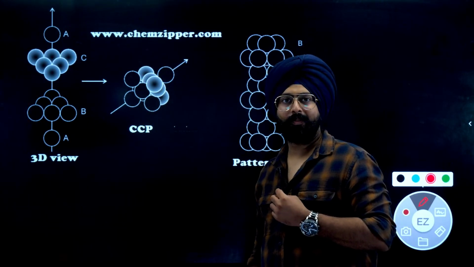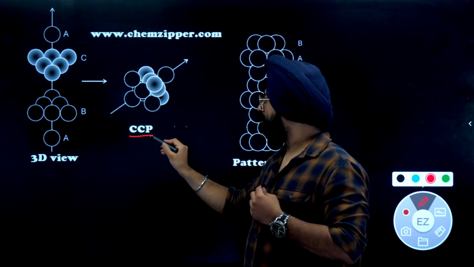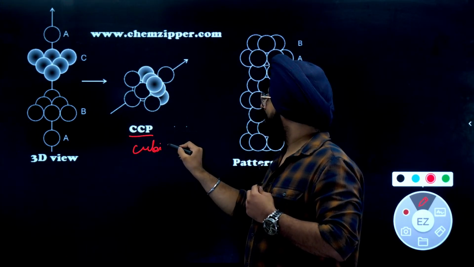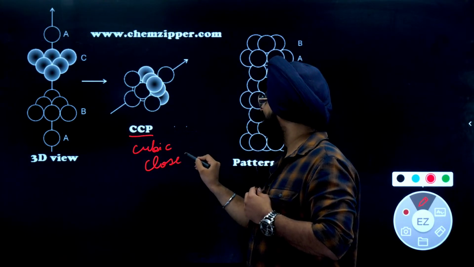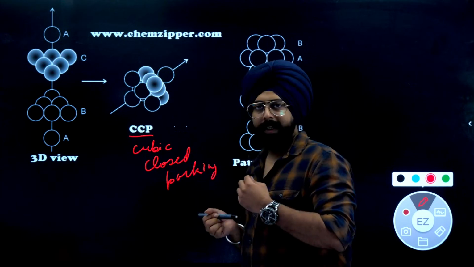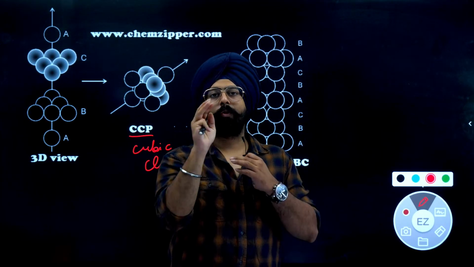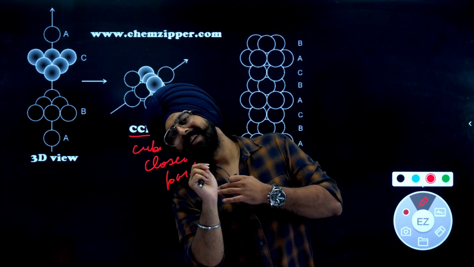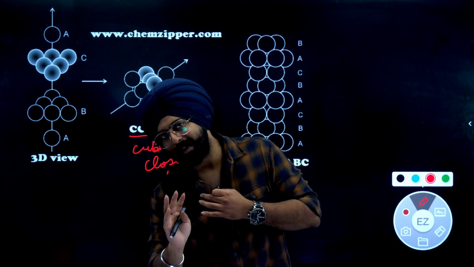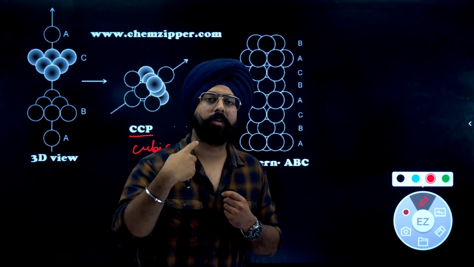And then notice the arrow. This is one way to see it. What is CCP? CCP is cubic closed packing. Basically, if you have a hexagonal closed packing of ABC type, if you look at it like this, it looks like a cubic closed packing with FCC, यानी कि face centered cubic unit cell.